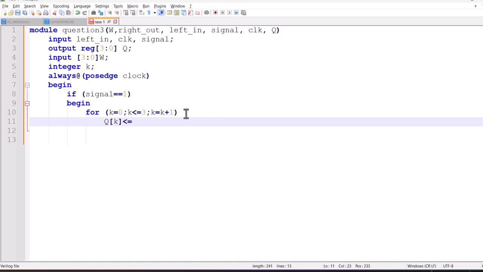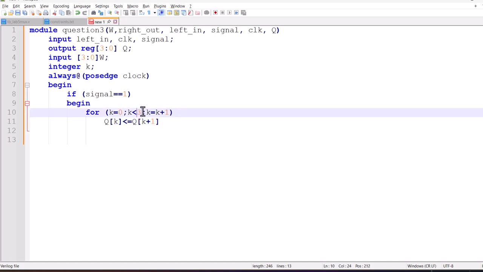Okay, so what I'm going to do here is I am going to say that Q of K, I use a non-blocking assignment. That's because I want it to use the value that we had when we came into the loop. We don't want it to change based on an updated value. So Q of K becomes equal to Q of K plus 1. This should have been just K less than 3, not less than or equal to 3. I only want to do 0, 1, and 2.